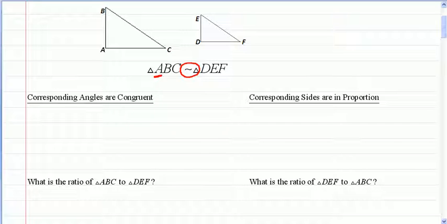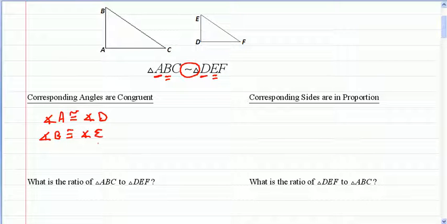So since A is written first and D is written first, that would mean that angle A is congruent, and this is the symbol for congruent, to angle D. Since B is written second and E is written second, then we know that angle B is congruent to angle E, and that leaves angle C and angle F. So the first thing we know is that in similar figures, corresponding angles are congruent.